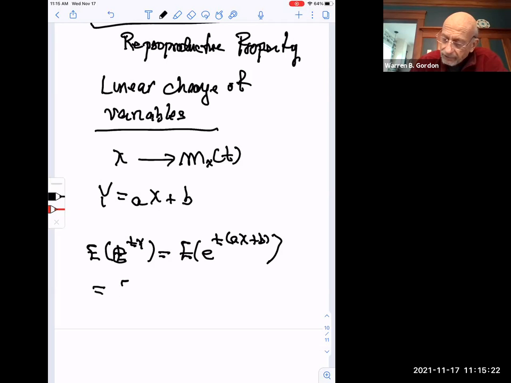Now we use our properties. This gives me e to the a t x plus b t.